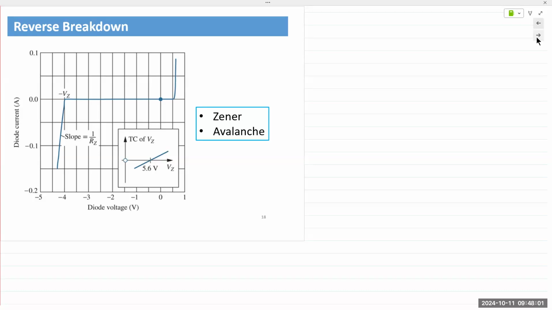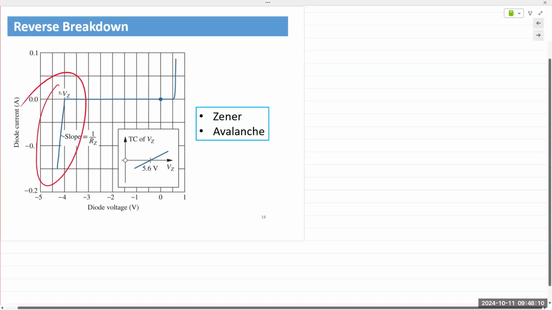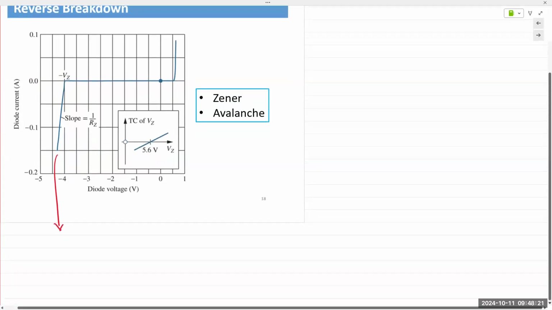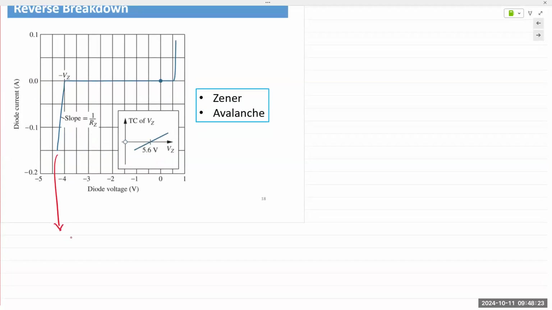And so a huge amount of current flows in the opposite direction, not in the forward direction, but in the reverse direction, which is indicated right here. So in the reverse bias, a huge number of carriers acquire enough energy to now freely cross over the junction.